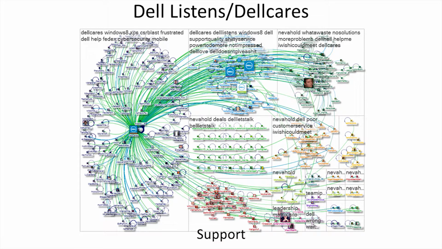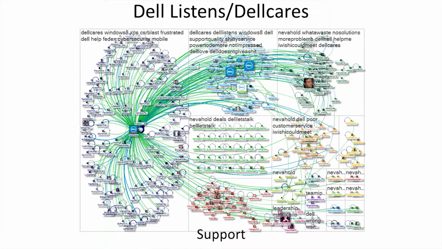And so this is what support looks like. This is Dell trying to listen, trying to care. It's replying to all those people. Notice what happens when community forms in a support environment. Is it good for the brand or bad? Well, let's read the hashtags of the community groups, the ones where there is more density. What kinds of words start coming up there? Let's see.